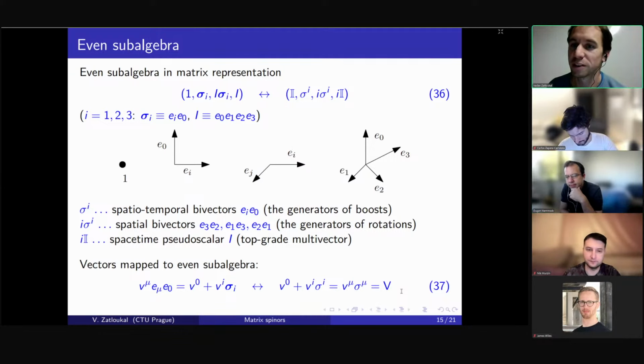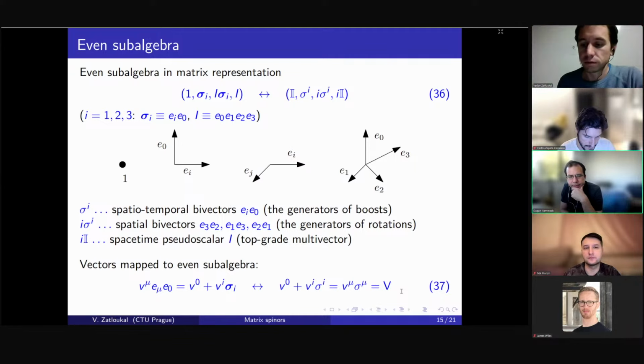So we have 8 elements, and a 2 by 2 complex matrix has 8 real parameters, so you can represent any of them. And then the boosts are bivectors where there's a component going in the E naught direction. Yeah, there's the temporal component, and the rotations are just made out of the spatial vectors.